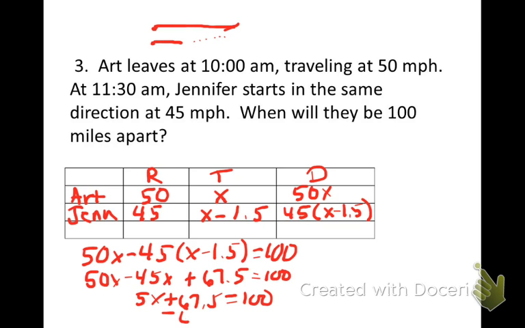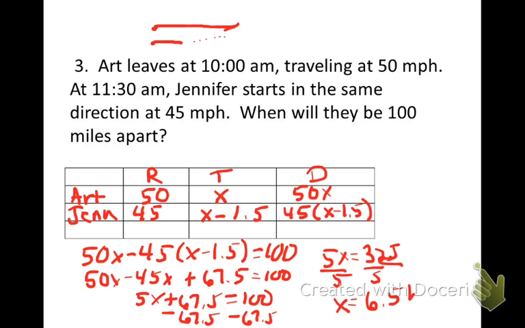So I'm going to subtract 67.5 from each side. I'm going to get 5x equals 32.5. I'm going to divide by 5. And I get x equals 6.5.